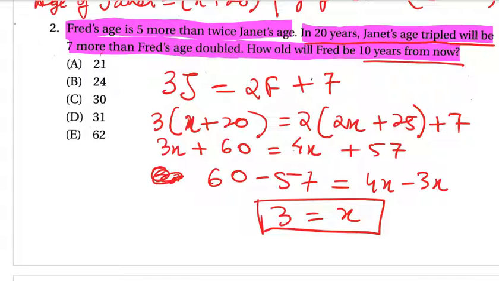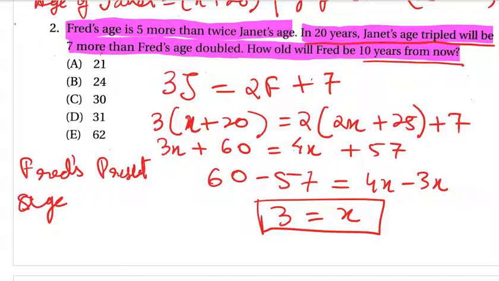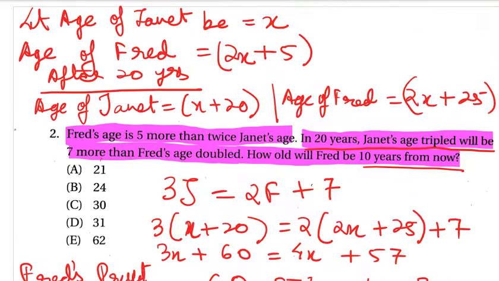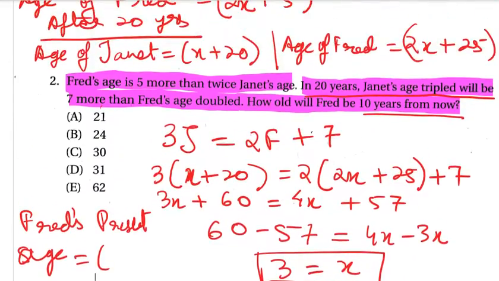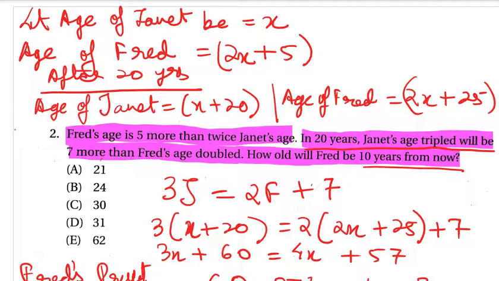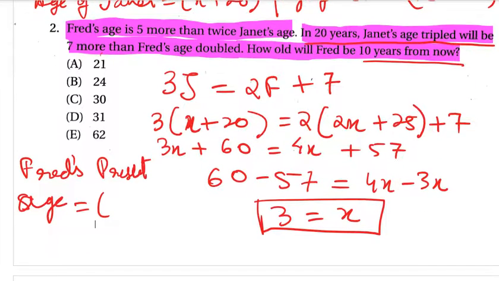So what is Fred's present age? Hold on, let me just rub out that scratched part. Fred's present age was written as 2x plus 5, right? Present age of Fred 2x plus 5.